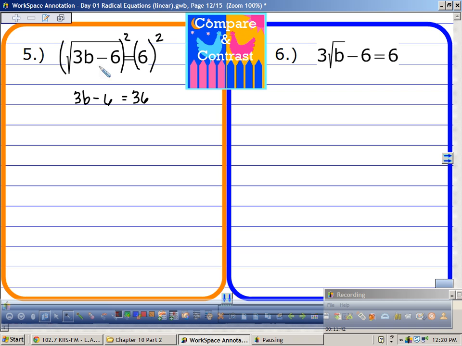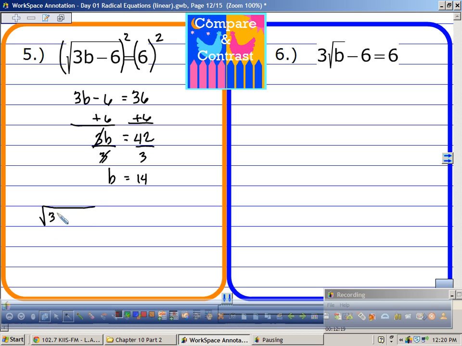So if I have negative 6, I'm going to add 6. Then I get 3b equals 42. Now I'm going to do the inverse of this. If I'm multiplying, I'm going to divide. So b equals 14.